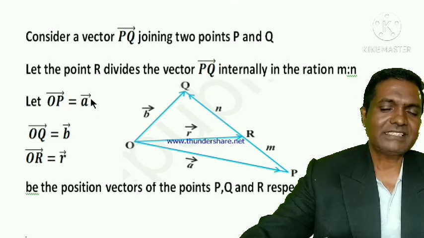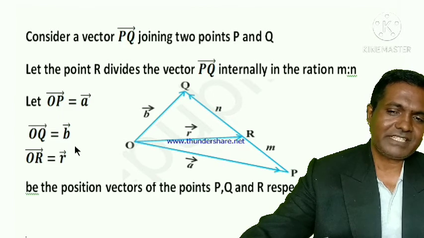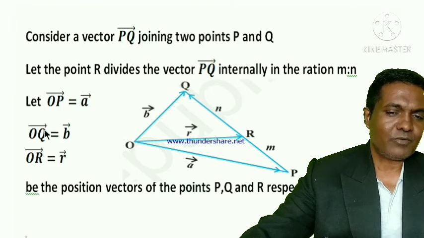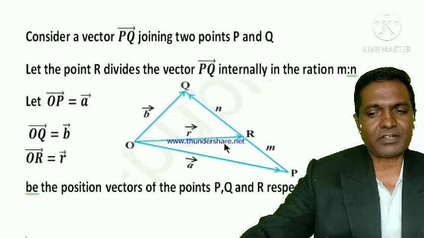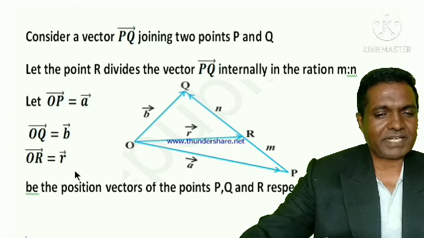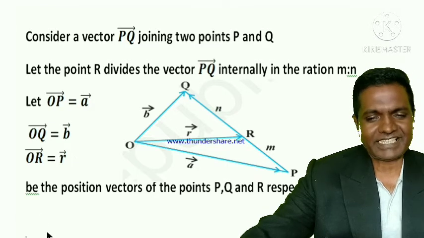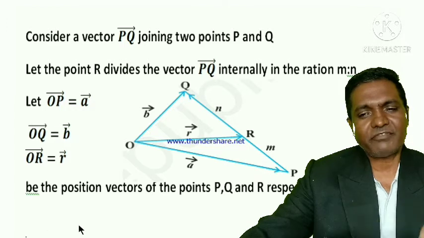Vector OR is the position vector of R, denoted by vector R. Now we have to find the expression for this vector R. This is the explanation for the figure.